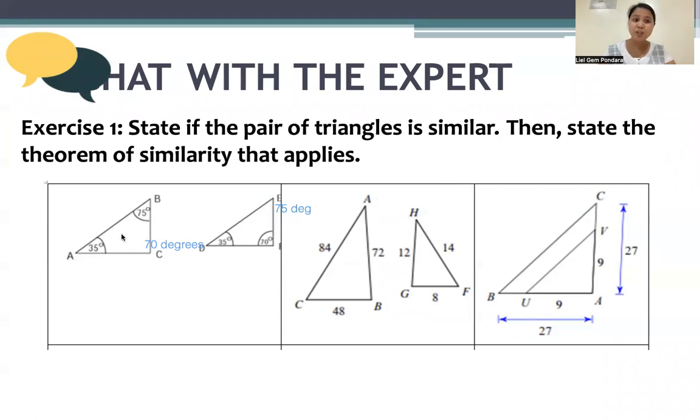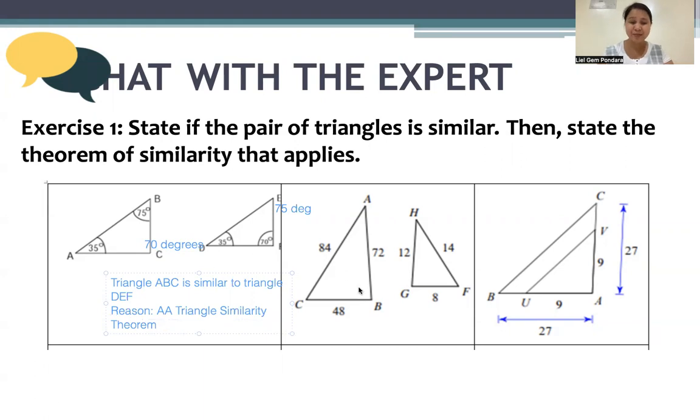If you see, two angles are similar. So we say that triangle ABC is similar to triangle DEF. What's the reason? What's the theorem? We have the AA triangle similarity theorem.